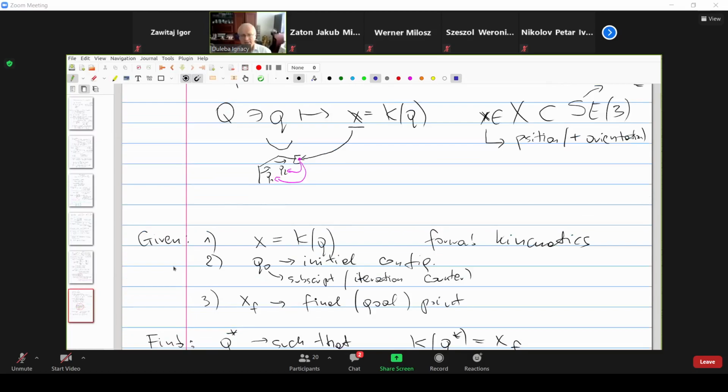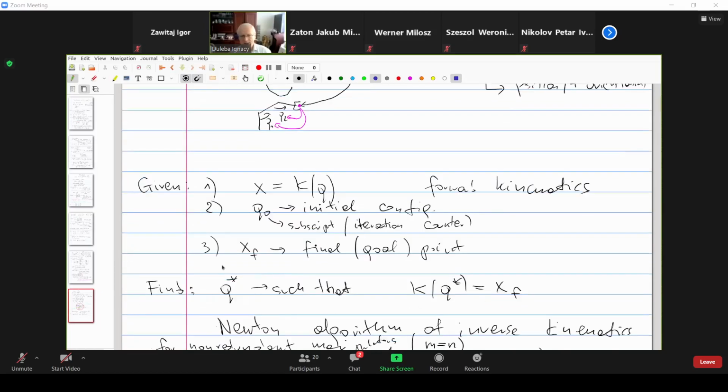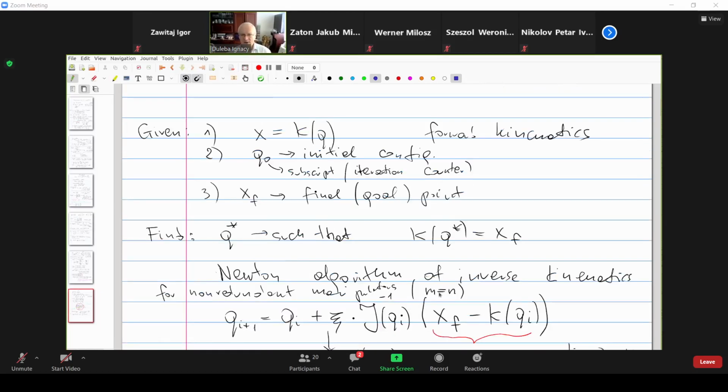We have discussed the ingredients of the inverse task. We are given kinematics, so an expression for kinematics, an initial configuration, and a goal point. And we try to find a configuration such that, when plugged into kinematics, it results in the given final point.